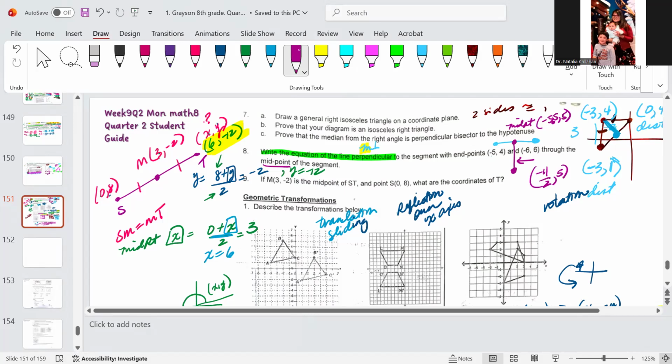But I need to have another side. Let me see. I remember doing this in one of the other questions. It's been a while. I don't remember what it was.